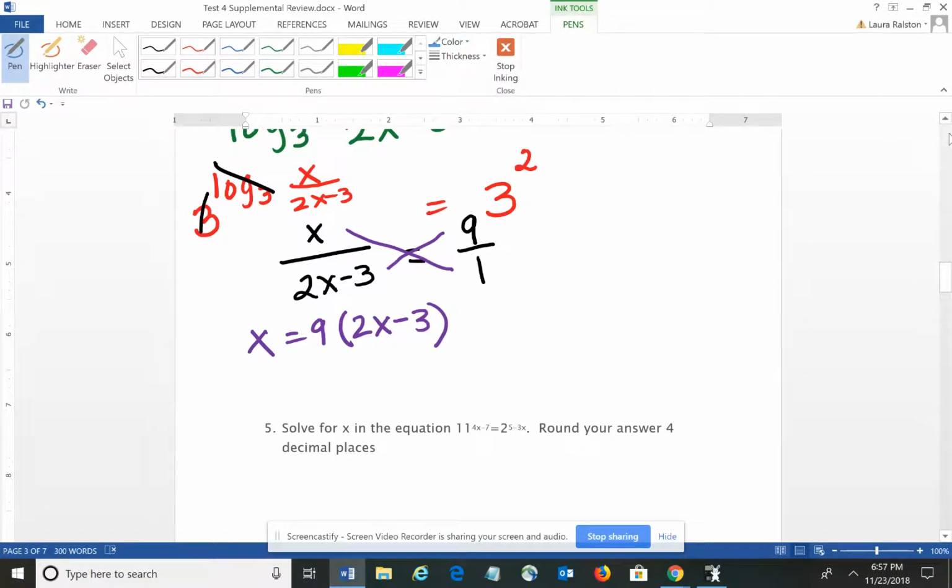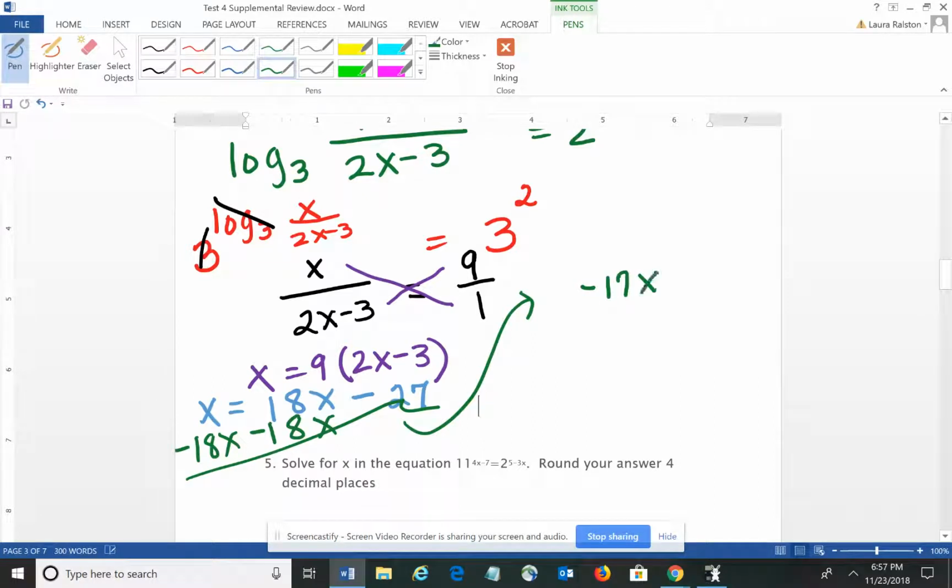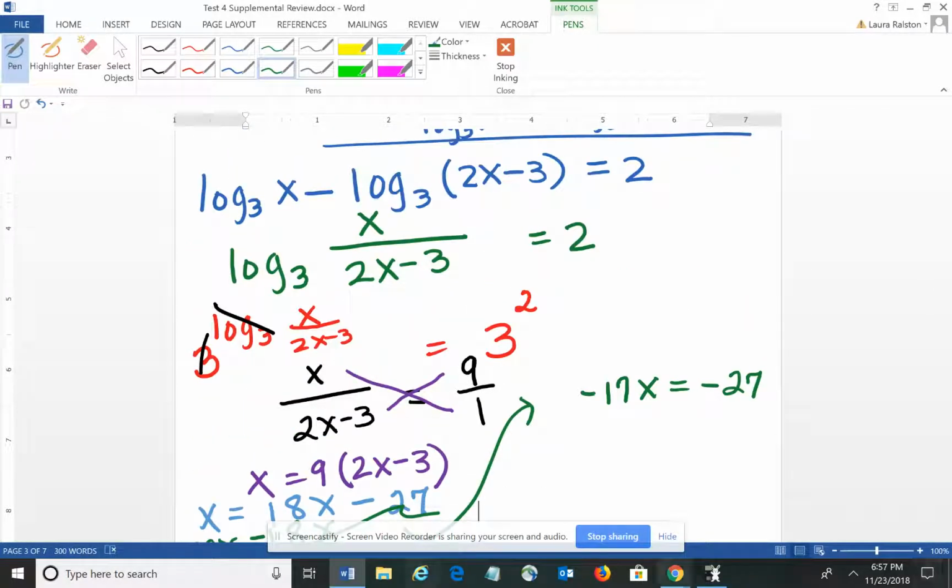Okay, so I would have x equals 18x minus 27. I'm going to subtract 18x from either side to get all of the x's together. So that gives me negative 17x equals negative 27. I'm then going to divide both sides by negative 17.